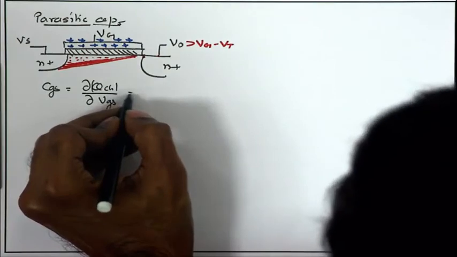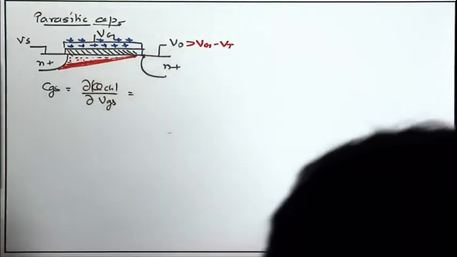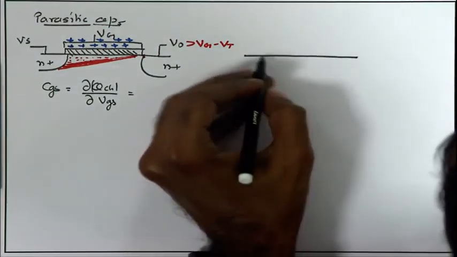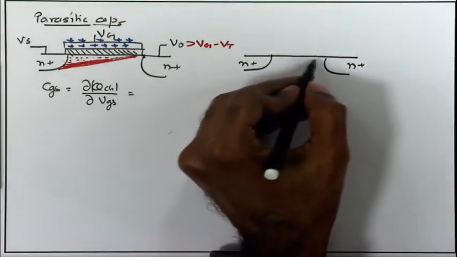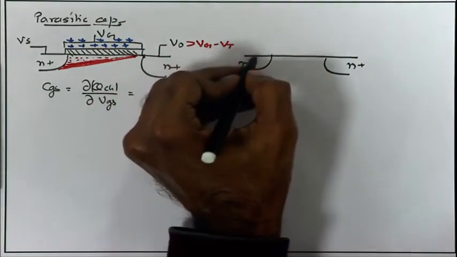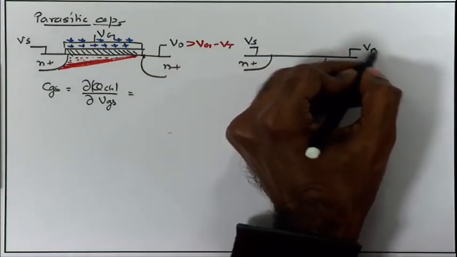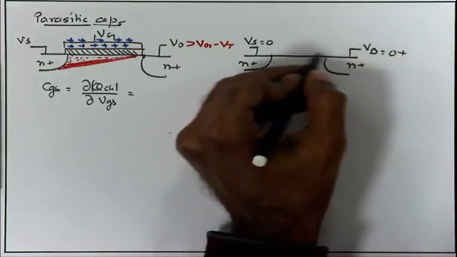Now, if we consider triode region operation, which is easier to understand from the point of view of device capacitances, the source and drain voltages are almost at a similar potential, both close to each other. Suppose V s is 0 and V d is just 0 plus, a little bit positive.